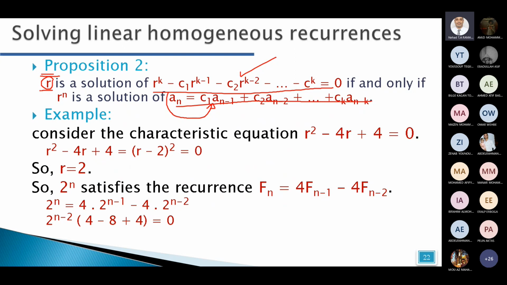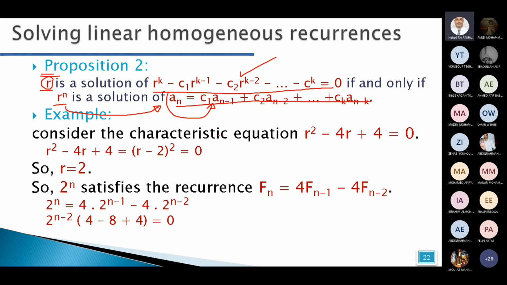So if you find R as a solution for the characteristic equation, R power n will be a solution for the linear homogeneous recurrence relation. Okay, what if I have R1, R2? Then R1 power n plus R2 power n is the solution for the linear homogeneous recurrence relation.